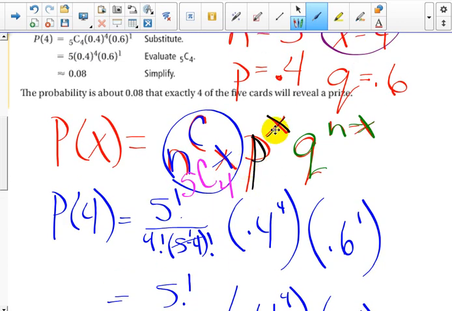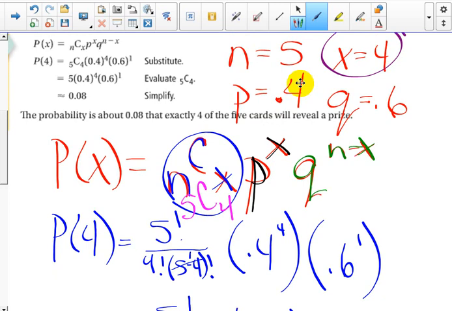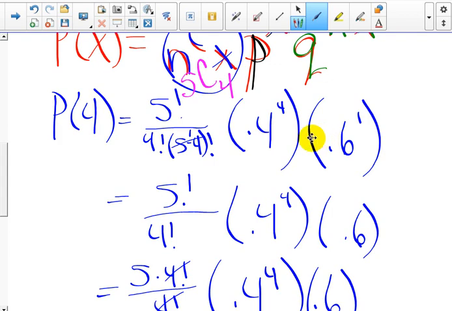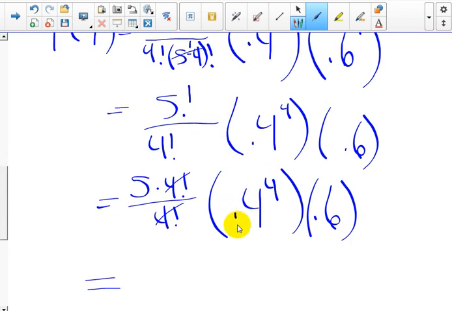Now, p to the x power, so we've got 0.4 to the 4th power, times q to the n minus x. Well, n minus x is 5 minus 4, which is 1. And q is 0.6, so it's 0.6 to the 1st power. So we end up with 5 times 0.4 to the fourth times 0.6.